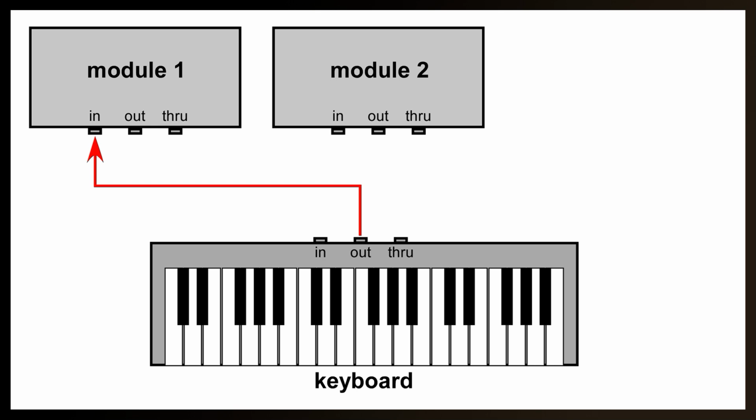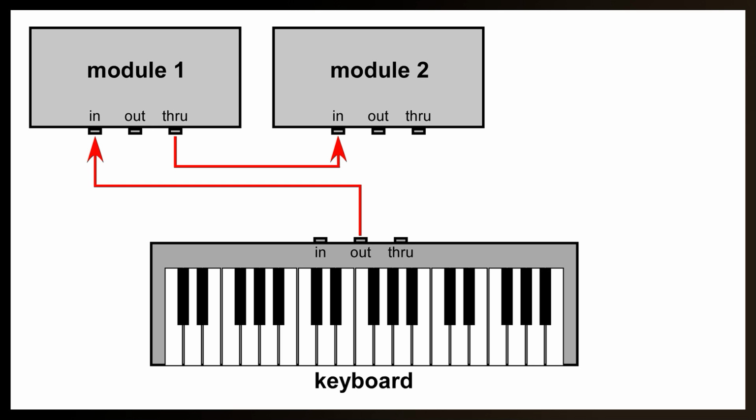But what if we want to connect two modules up? We then go to the through on the first module into the in on the second module. And this will allow the signal to go from the keyboard through the first module into the second module.